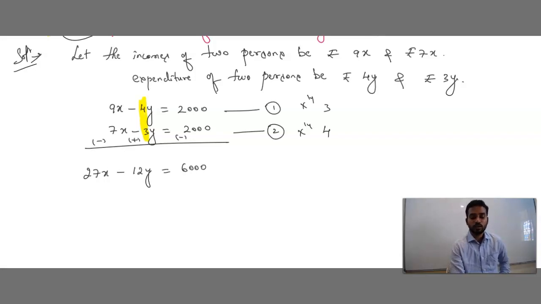Again, 7 4s are 28x minus 4 3s are 12y equals 6000.